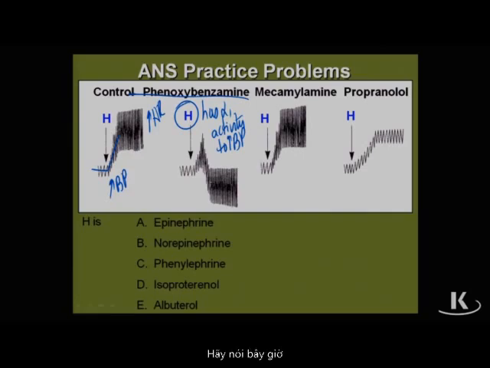Look now, in presence of the alpha blocker, can drug H still do some pharmacology? Yes, H still increases the heart rate, but now also, look at your tracing, decreases blood pressure.